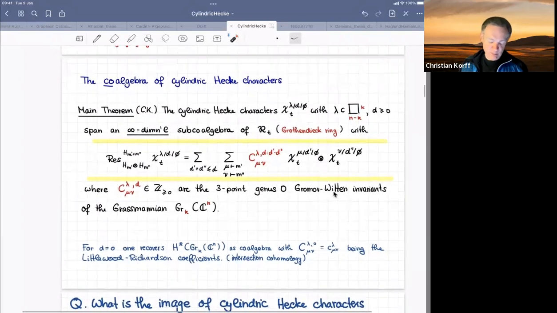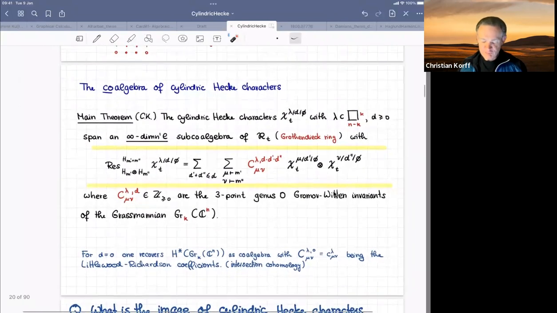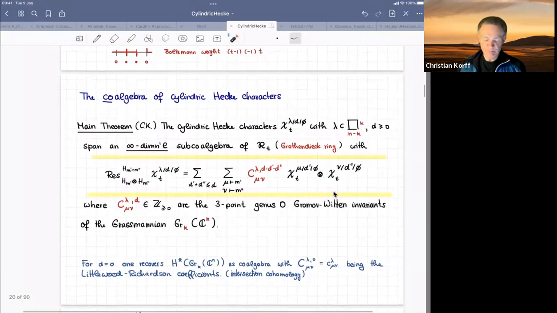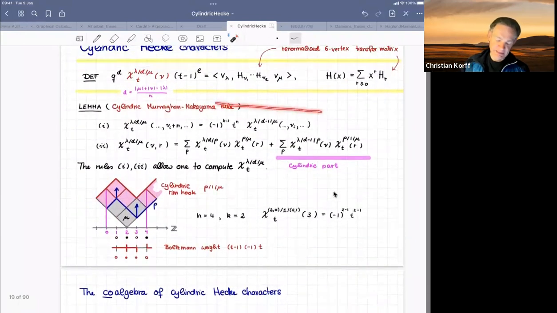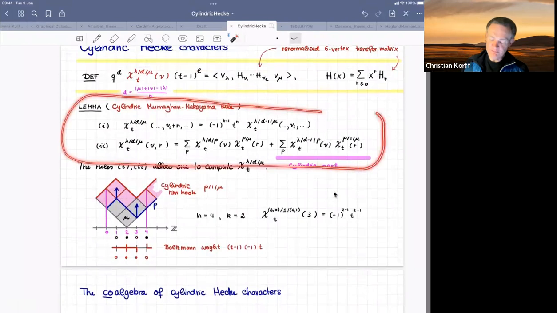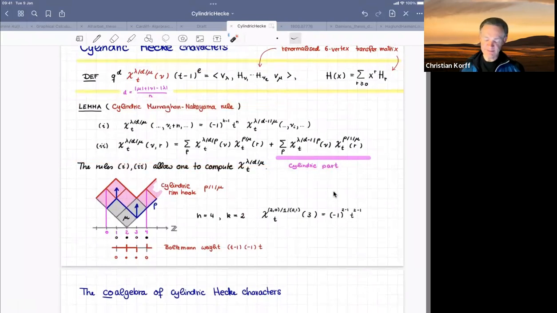So I promised you a bit of a combinatorial formula for these, and it's a bit hidden, but it is basically just in these recurrence formulae for the cylindric Hecke characters, which you can compute by taking matrix elements of your 6-vertex transfer matrix on a cylinder.